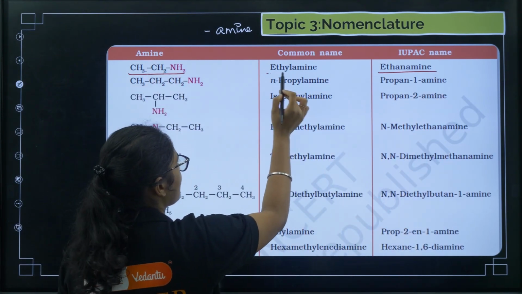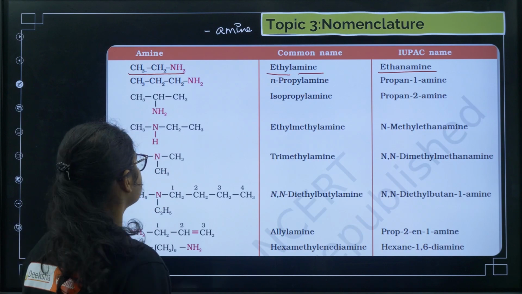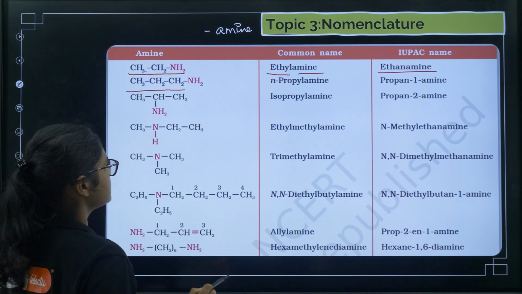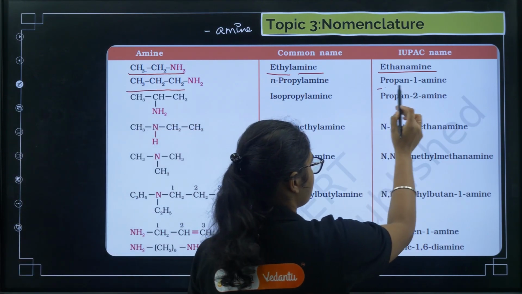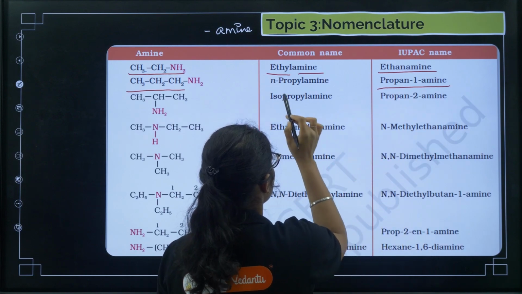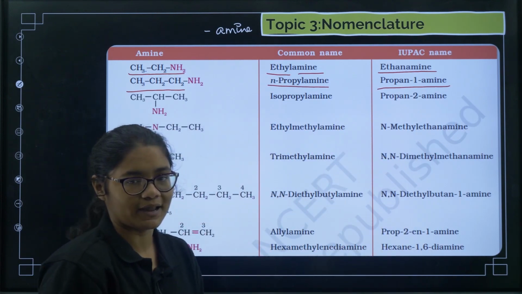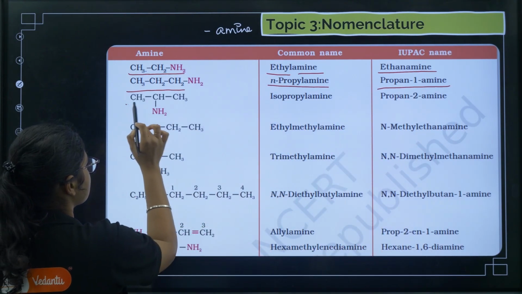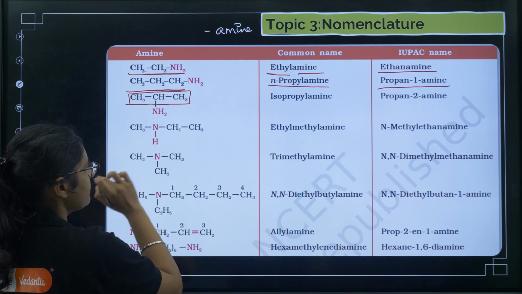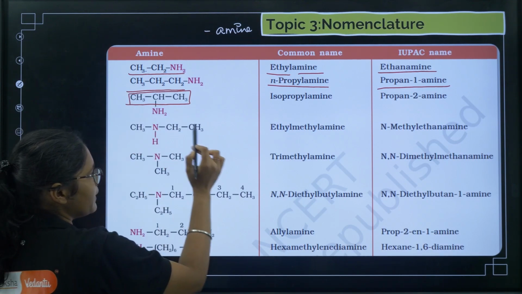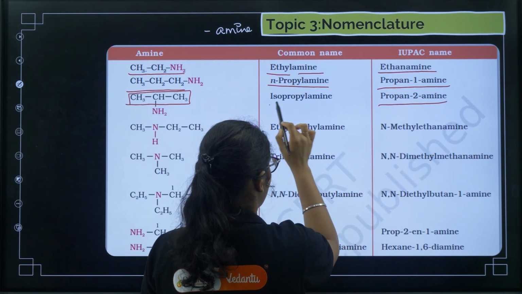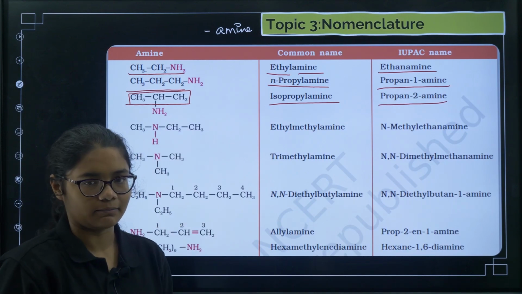The common name is ethylamine. Next, if you see this one, there are 3 carbons, so the IUPAC name is propane-1-amine, or you can say propanamine, and the common name is n-propylamine. Next, this one is your isopropyl group, so it is propane-2-amine, that is the IUPAC name, and the common name is isopropylamine.